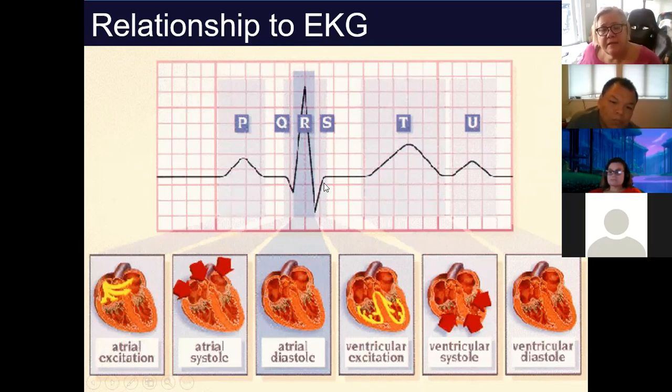And then the S, and those represent three different points in myocardial contraction. The Q wave represents atrial systole. So that means the atrium is at rest again. It's done its contraction, which was the P, and now it's at rest.